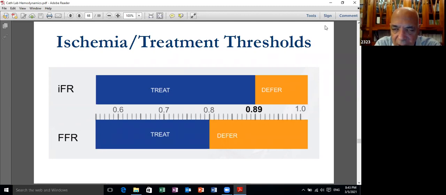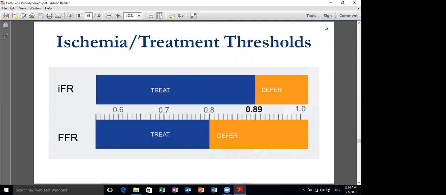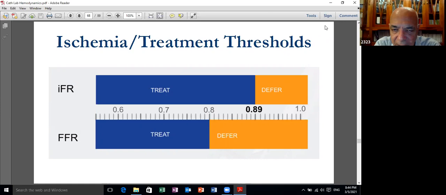So if you go from the LAD to the left main lesion, you have to find out if the LAD lesion is significant, and it should be dilated before coming to the conclusion that the left main lesion is significant. Same for the circumflex. You can use it in the left main, the LAD, the right coronary, the left coronary, the circumflex, anything, under any circumstances except the 3 conditions I mentioned.